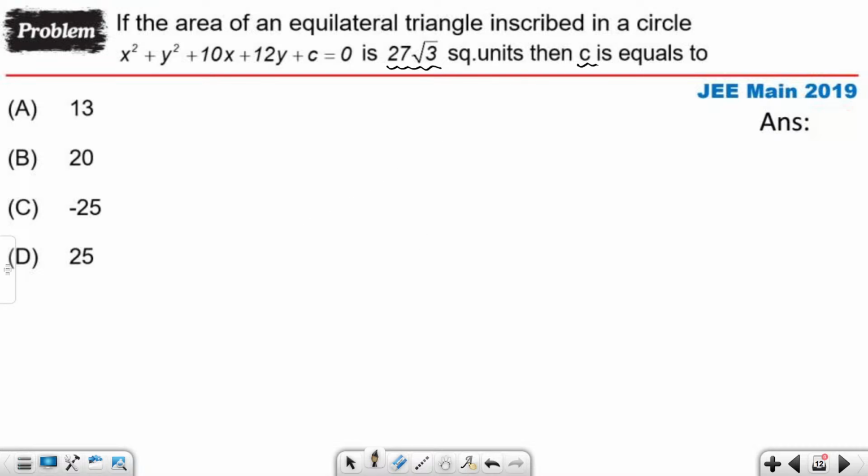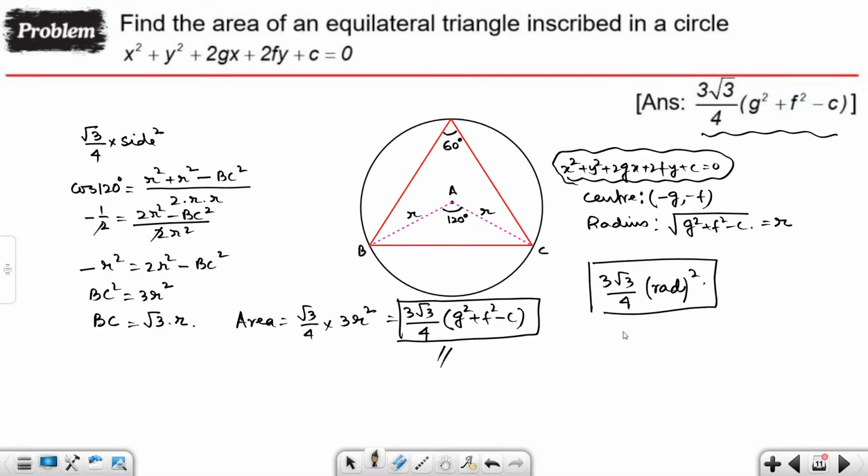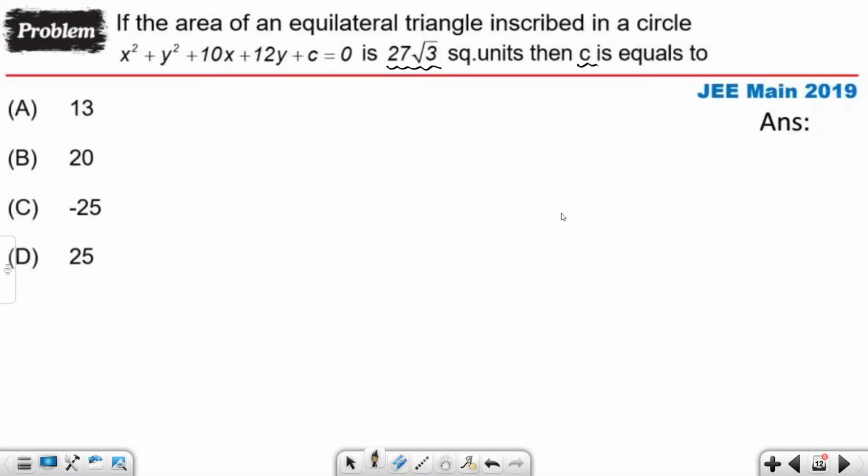Now, if you don't know the formula, you can solve this sum, but it will take more time, because you have to prove that the area of the equilateral triangle is 3 root 3 by 4 into radius square, if you don't know it beforehand. So that is why I told you, please do remember the formula.